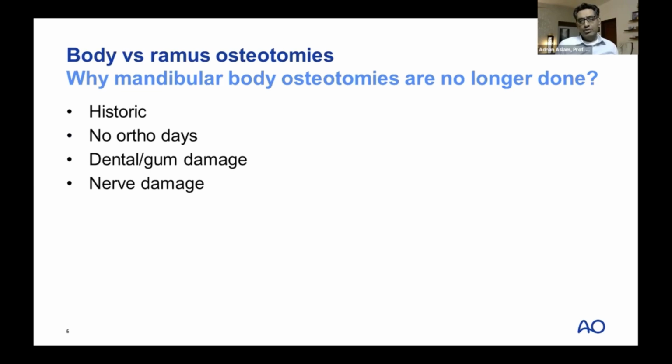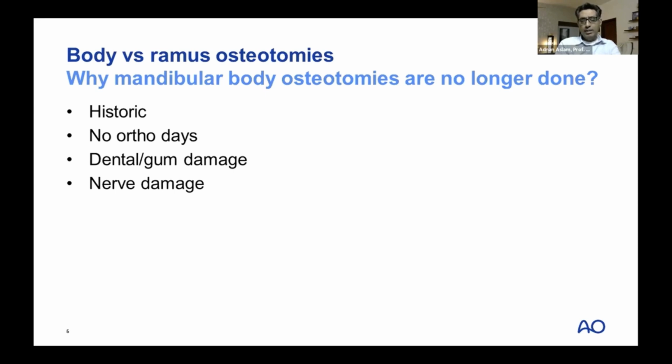Now, the history of orthognathic surgery on the mandible started with osteotomies on the body. But then people started to lose interest, and they were done as late as the 70s. This was basically done because there was no collaboration between the orthodontists and the surgeons. So they would possibly remove, many times, first premolars and set back the mandible or set back the maxilla.